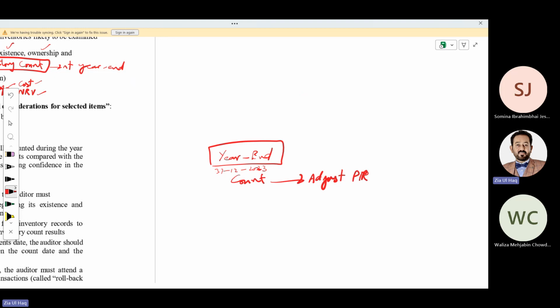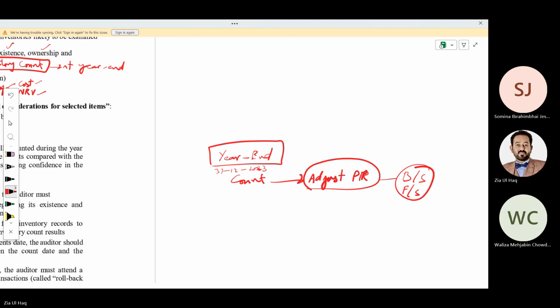For the remaining 30, they have to book a loss. Because what are companies doing? They state the inventory balance from where? Directly from the PIR. That's why we need to make sure the balance going from PIR to the balance sheet is accurate.